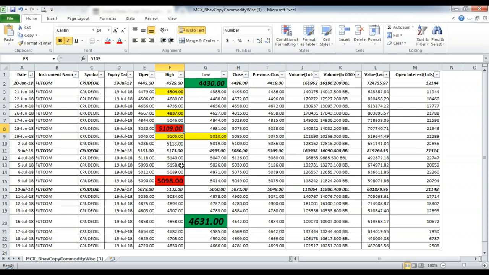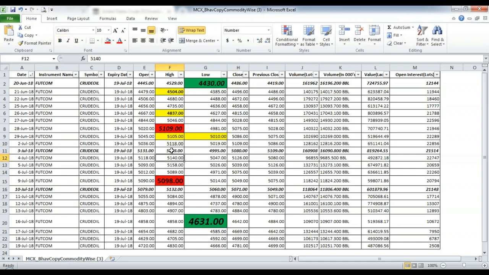Okay. Now, if this is the case, this is the resistance, this should form as a support. 4981, correct? So this is a resistance, then this should be a support. Now, on this particular day, you got to know that this is a resistance, yes or no? When it closed below this.